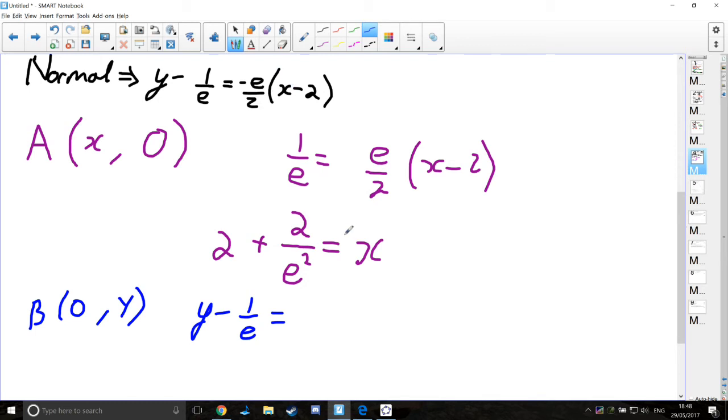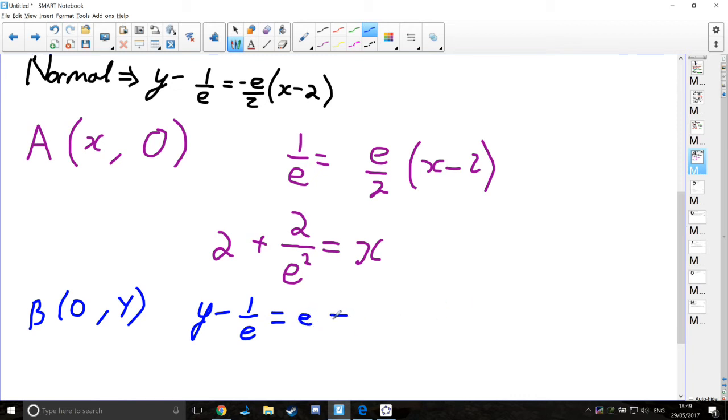Both those negatives are going to cancel out because x is 0. So it's just e over 2 times 2. The 2 cancels out as well, so that is literally just e.